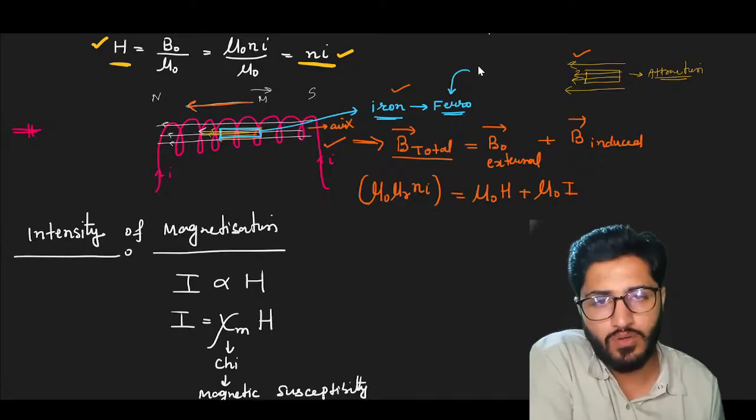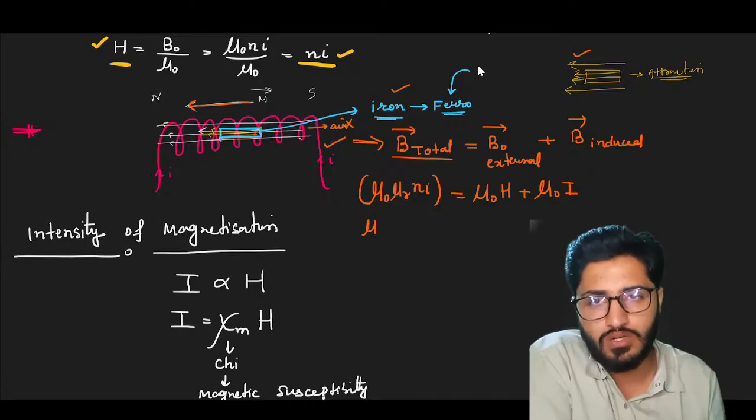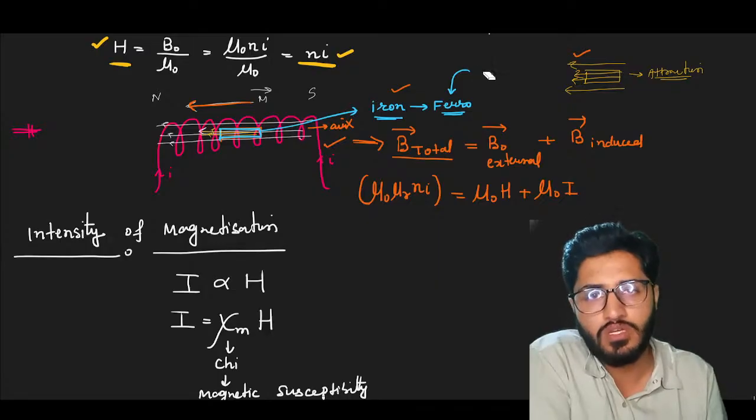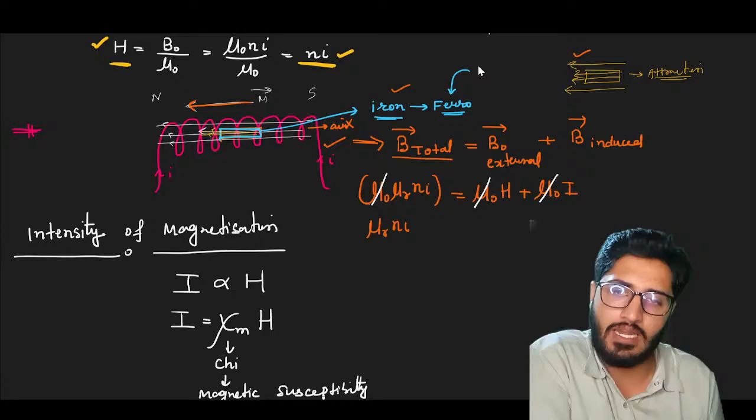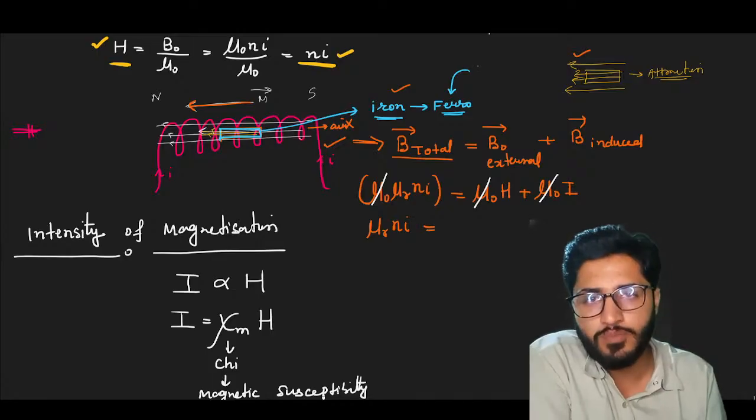Look now, what can we do? I can cancel out mu naught. We are left with mu r times H equals H plus I, where H is nI.